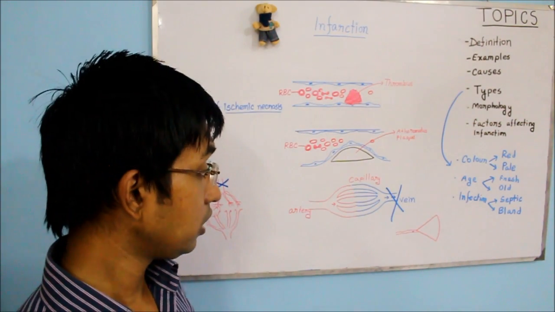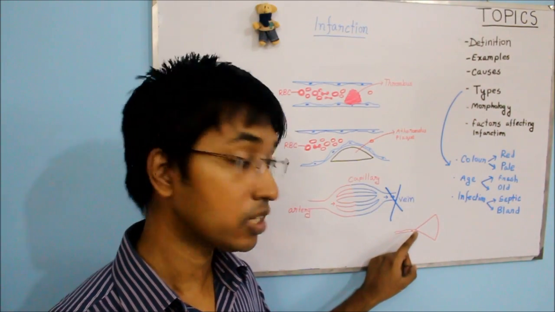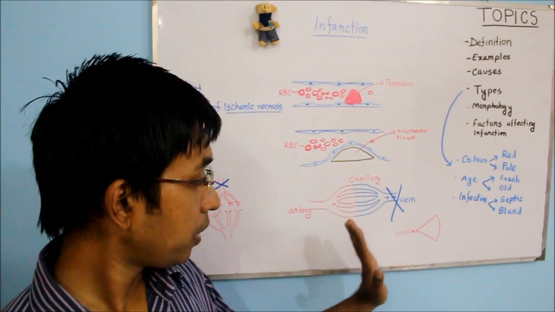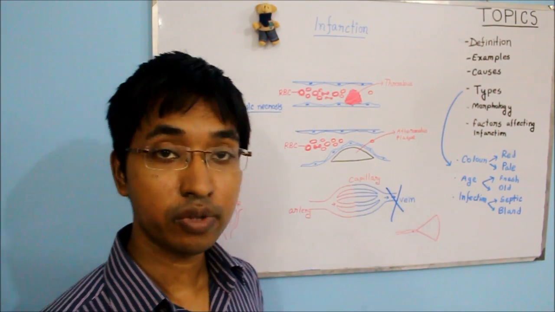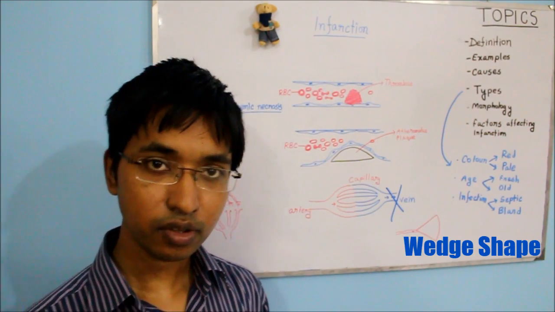And as you can see, the apex of this infarct is pointing towards the site of the occluded blood vessel, and the periphery of the tissue has formed the base of the infarct. So this is wedge shape.